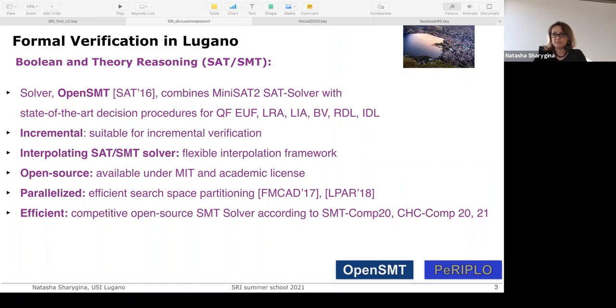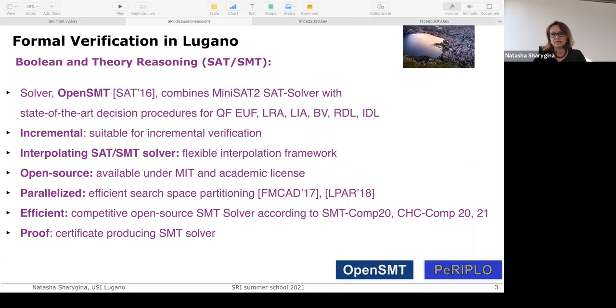And yeah, it's efficient. We compete every year at the SMT competition, and occasionally we get some rewards for being successful. One of the recent results is proof production, so we can actually certify that the SMT solver is doing the right thing.